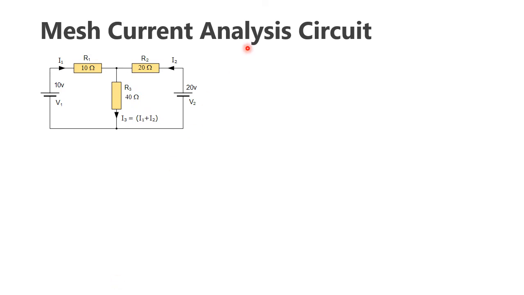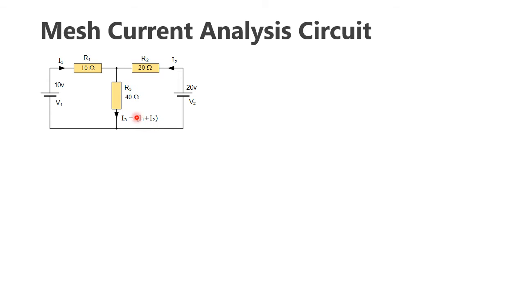Mesh current analysis circuit. Here is a circuit with two voltage sources, 10 volt and 20 volt batteries, connected, and the currents flowing through the circuit are I1, I2 and I3. Here we have to take a relationship for I3 with respect to I1 and I2.